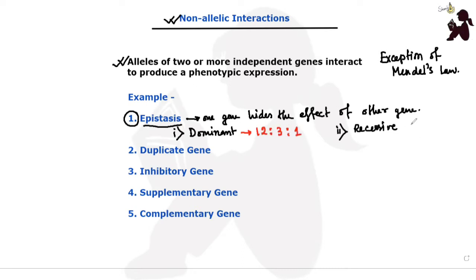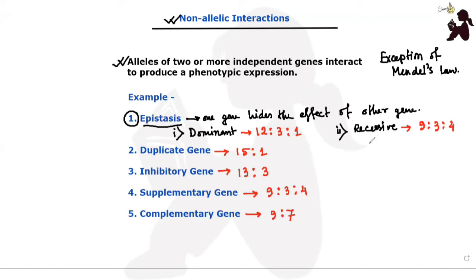And in the recessive epistasis, the ratio is 9:3:4. Similarly, in case of duplicate gene, the ratio is 15:1. In case of inhibitory gene, the ratio is 13:3. In case of supplementary gene, the ratio is 9:3:4. And in case of complementary gene, the ratio is 9:7. In case of complementary gene, two different kinds of alleles complement each other.